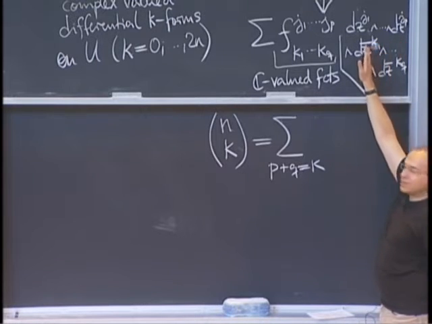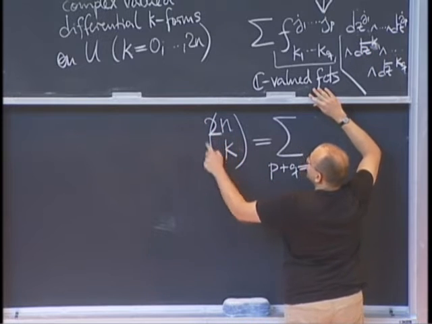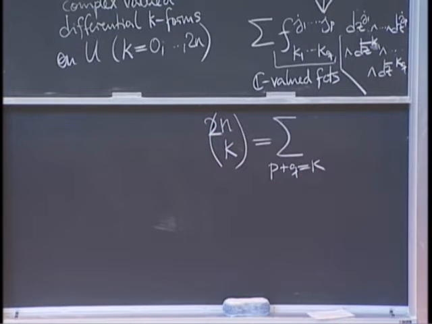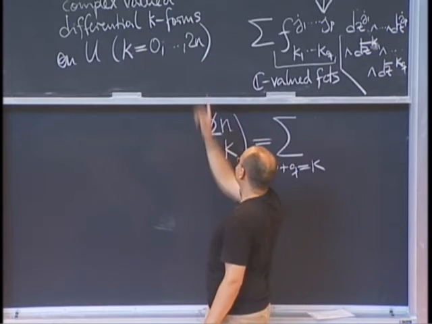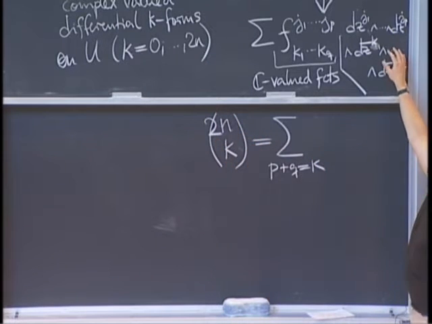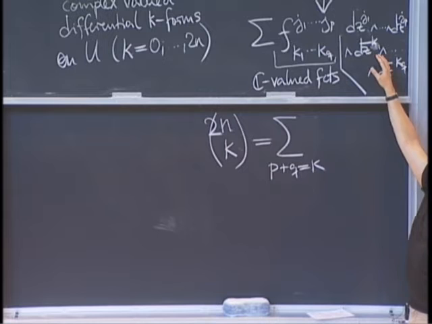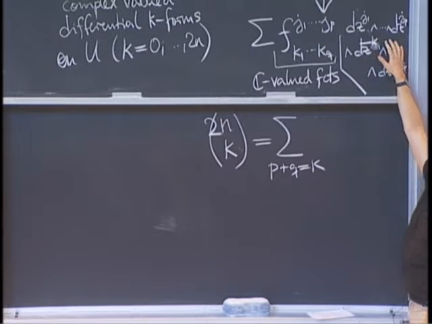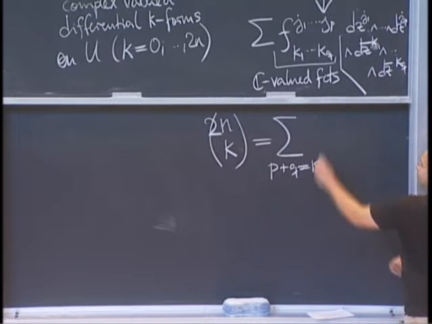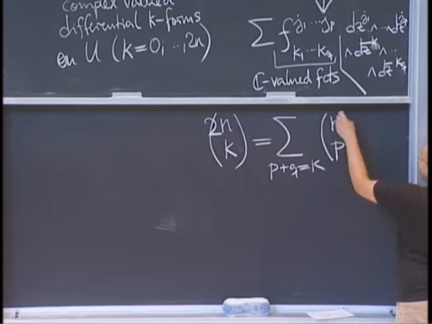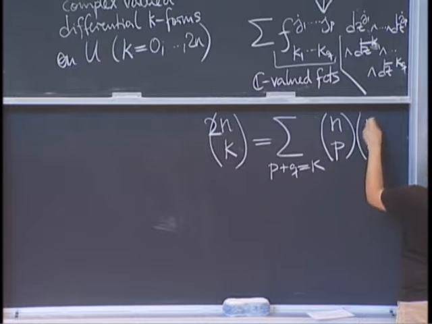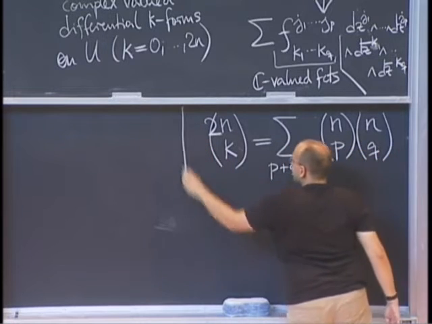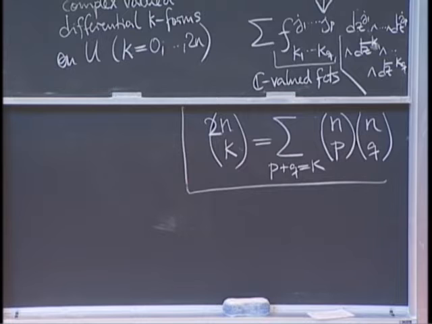Here it's actually 2n, because I have 2n real variables. It's the same 2n as here. And then you have n complex variables to choose from. There are z's and there are z bars. I only want p z's here and q z bars there. So I'm choosing p out of n and then q out of n. So I guess that's a true statement. Okay.